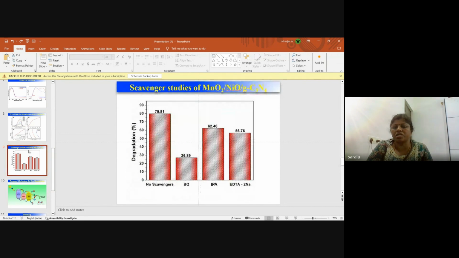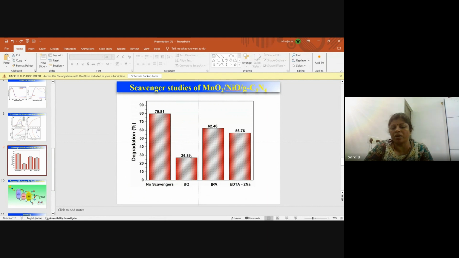This is the scavenger study of manganese dioxide, nickel oxide, GC3N4. Here BQ was the prominent, dominating species: the superoxide trapping the dye components, and that is why it gives the maximum effect in the dye degradation process.